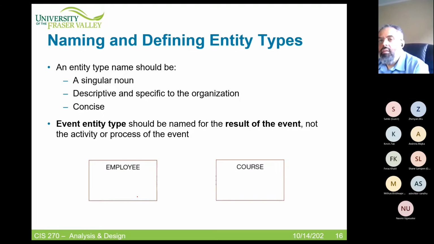What I mean by a key, for example for the employee, we will talk about it later also. A key is an attribute or set of attributes that will be unique. Why do we need a unique attribute when we build our ER diagram? For each entity type, we should have a key or identifier.